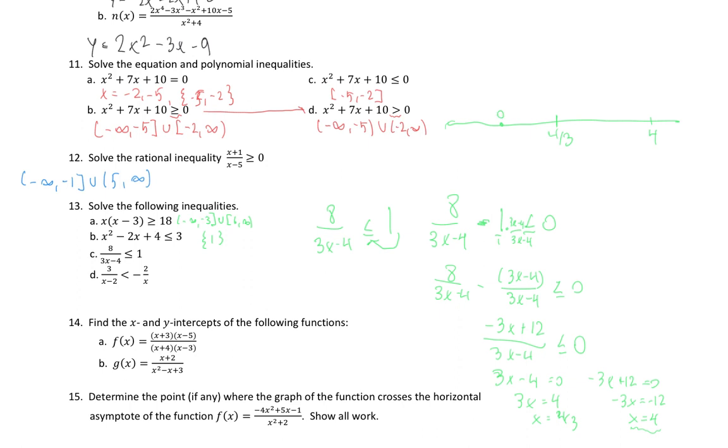So I'll try 0. Plug in something in the middle. 4 thirds is a little bit more than 1, so I'm going to go with 2, because 2 is in between 4 thirds and 4. And I'll try 5. And I'll plug it into this one, and I'll see if that is true, if we will get something that's less than 0. So when I plug in 0, you get minus 3 times, sorry. When I plug in 0, I meant to say.